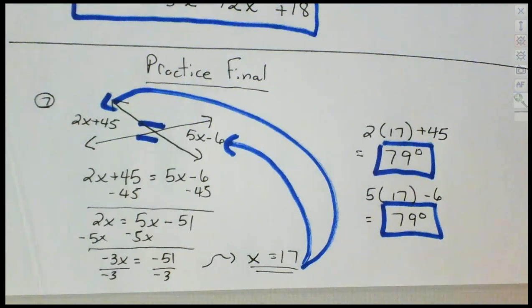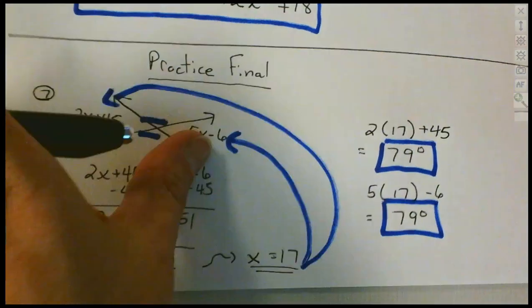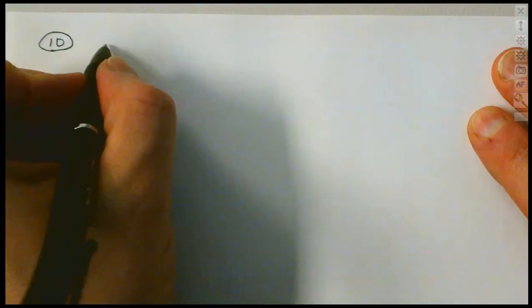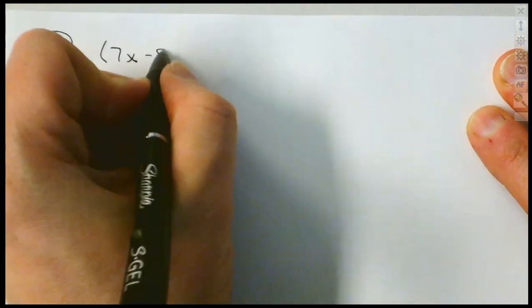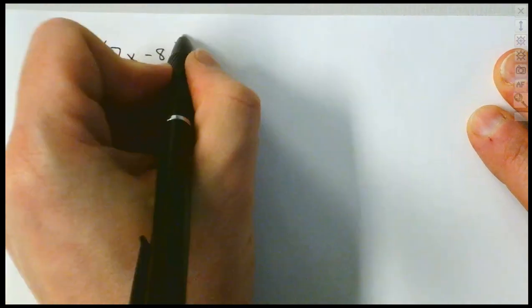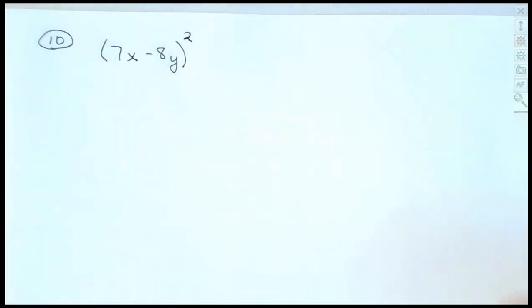Okay, and I don't know that we covered 10, so we'll look at 10 and 16 as well. And they're just foiling again. Yeah, that might be something we didn't quite cover on the foiling a minute ago, but let's look at 10. Okay, question 10. (7x minus 8y) quantity squared.